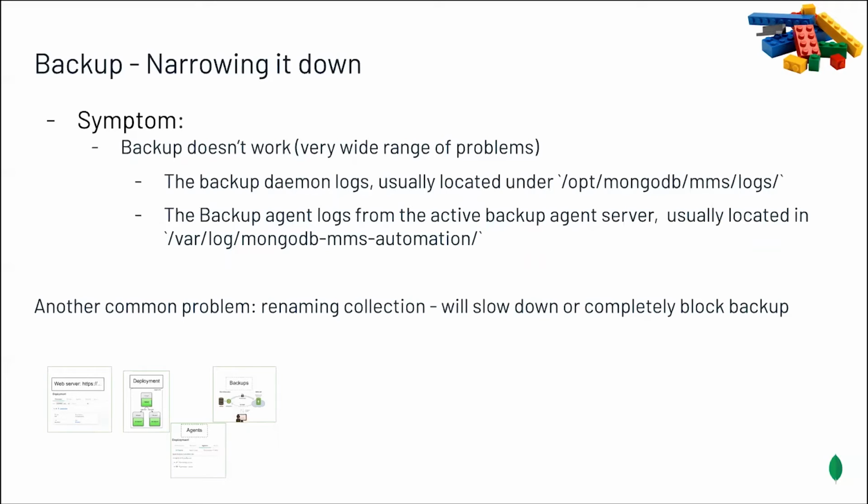A common problem with backups: everything's set perfectly and all works, but it's slow, or sometimes it even blocks. It happens because of renaming collections. If your application renames collections constantly, this will slow down backup. In some cases, it will block the backup. So make sure that the application does not rename collections constantly, otherwise it will block your backup.